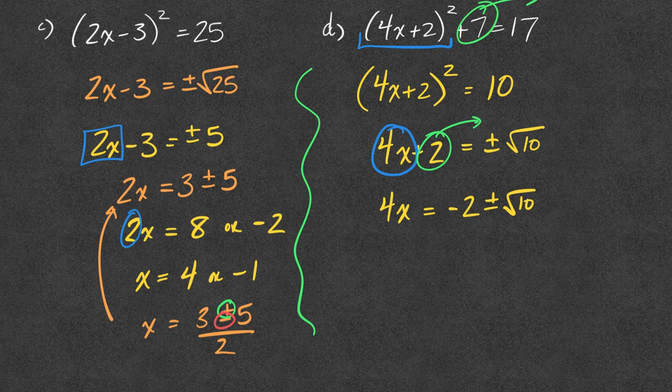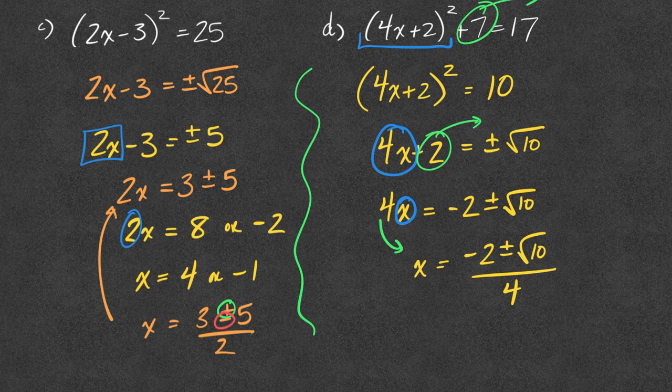So now I need to isolate the variable. There is my variable, so what do I have to get rid of? I got to get rid of my times by 4. So I'm going to divide it out. I have 2 terms on the right side. I need to make sure that I divide the whole right side by 4.